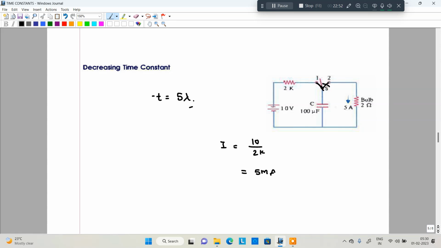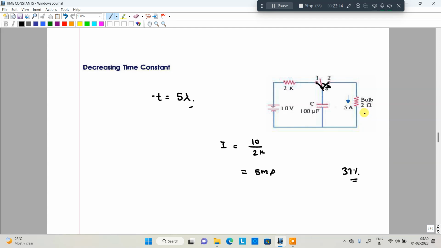I switch, moving to the lamp bulb. It is connected directly. So what will happen? The bulb will glow, up to the value falling to 37% of its final value. Here 5 milliamperes is flowing through the bulb.